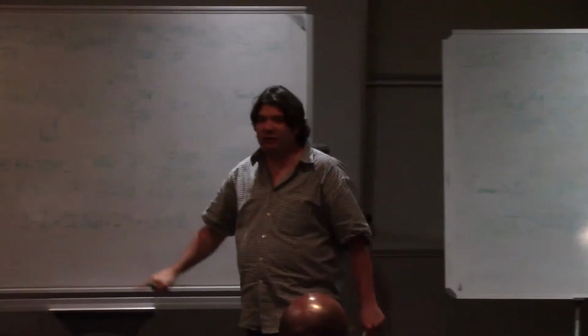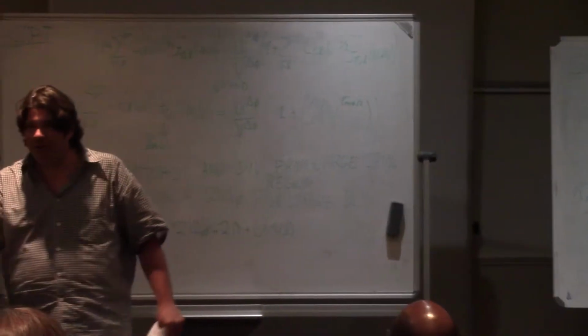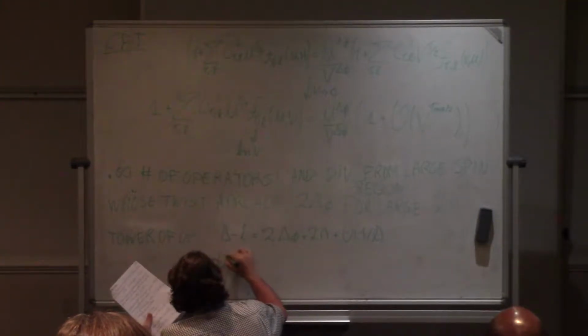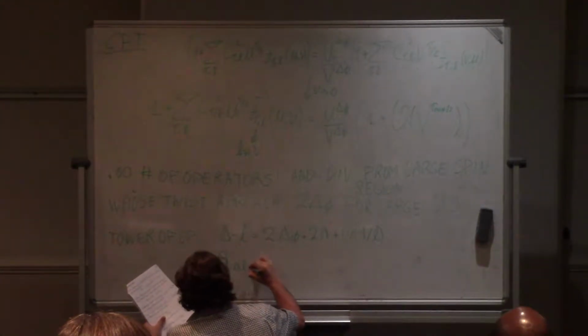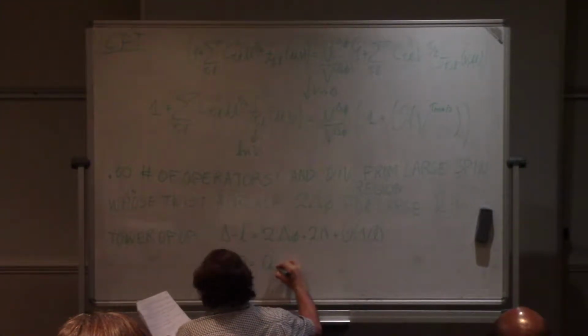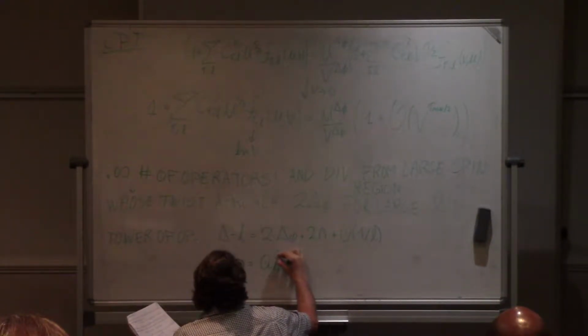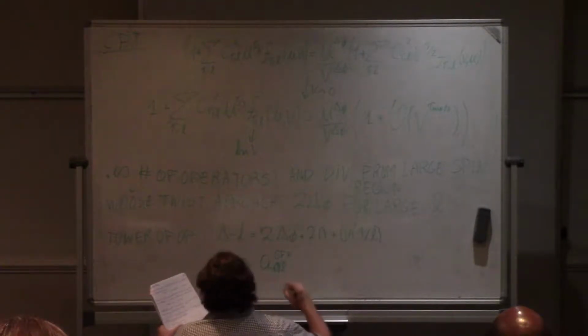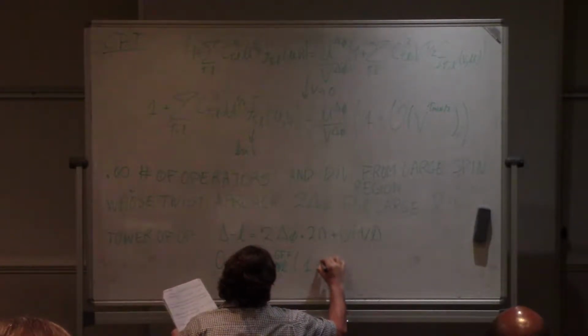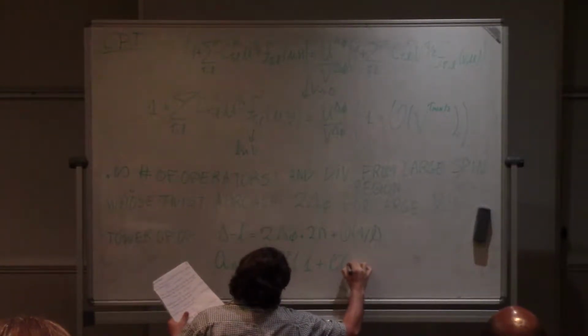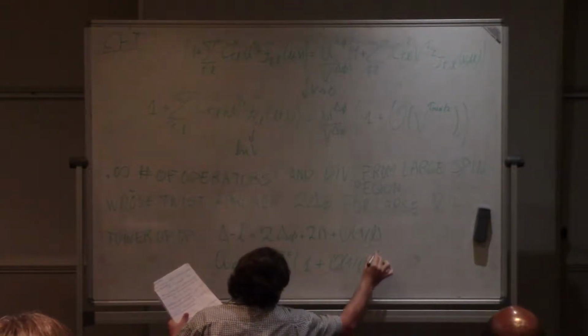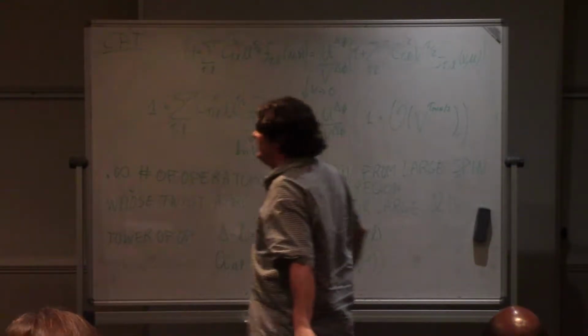So these operators not only have that spectrum, but also have some OPE coefficients, let's call them like this, which are generalized free fields times 1 plus something that goes as 1 over L squared, like this.